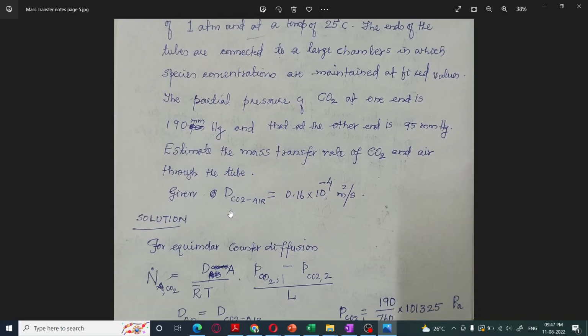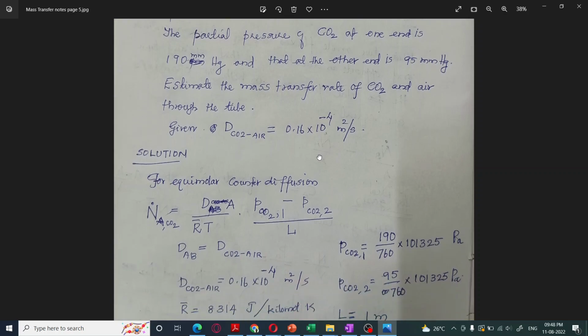The mass diffusion coefficient of carbon dioxide in a mixture of carbon dioxide and air is given to be 0.16 into 10 raised to minus 4 meter squared per second. This diffusion coefficient has the same unit as thermal diffusivity or kinematic viscosity. These are similar terms but with different physics.